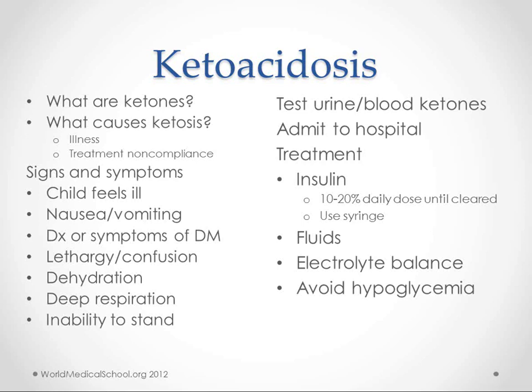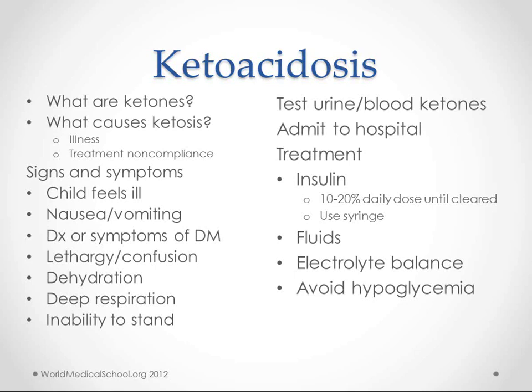So the signs and symptoms, a lot of times these kids just feel sick. If you have a type 1 diabetic who feels sick, test their ketones, especially if they have any vomiting. If they have vomiting, then you really need to suspect ketoacidosis. And then if it gets worse, they can get lethargic, they can get confused.